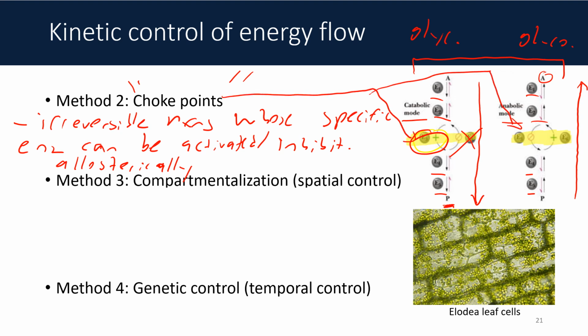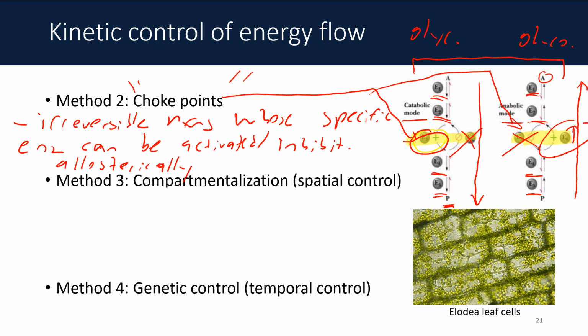In anabolic mode, it's the reverse. Maybe this enzyme is irreversible in the upward direction. So let's activate this one to do anabolism and shut down that. We don't have to touch the common enzymes. They're still happy to run in either direction, but traffic will exclusively run towards the reactants when we only turn on that enzyme in that irreversible choke point.